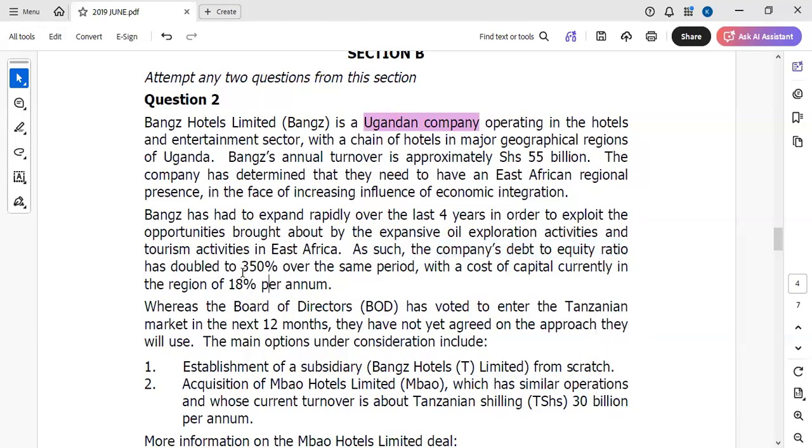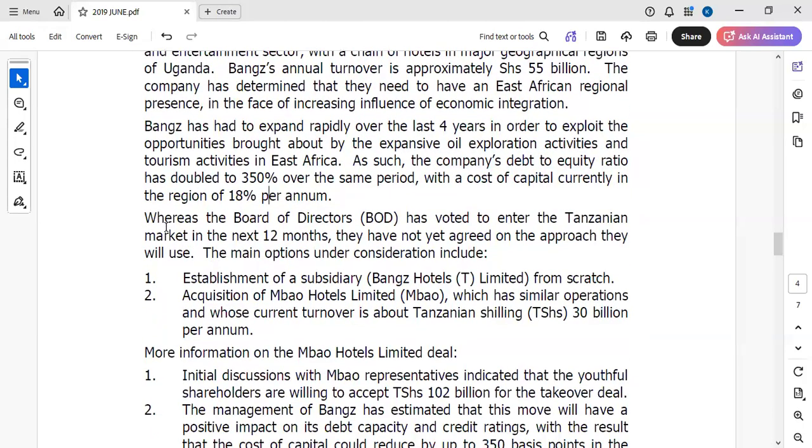So that is computation, but I really don't want to focus. Whereas the board of directors has voted to enter the Tanzanian market, please pay attention here. Whereas the board of directors has voted to enter the Tanzanian market in the next 12 months, they have not yet agreed on the approach they will use.